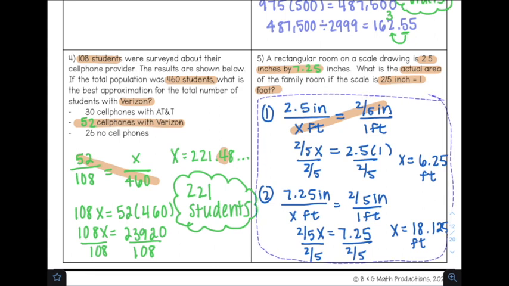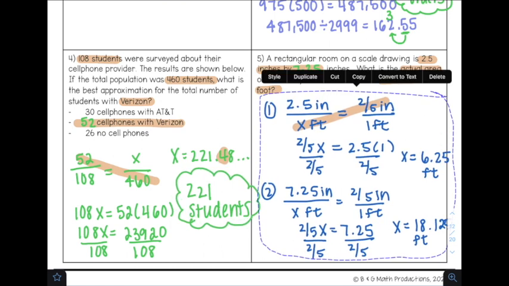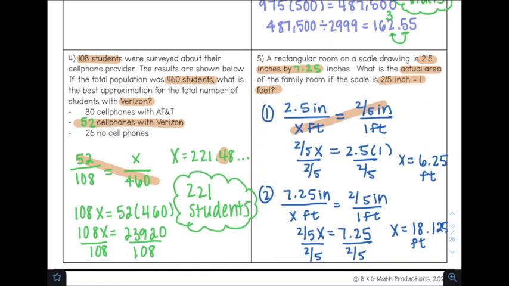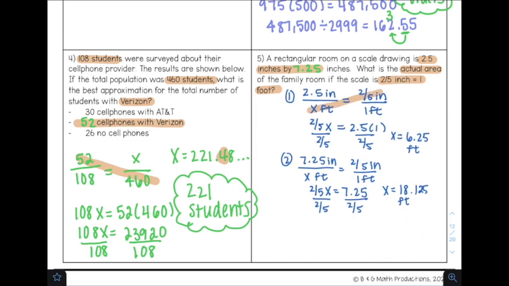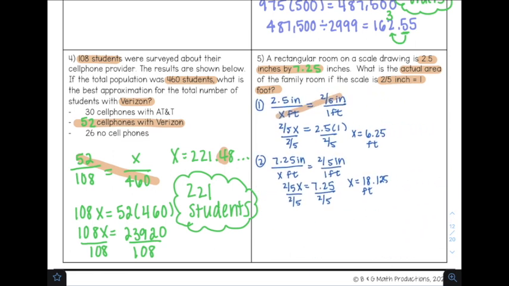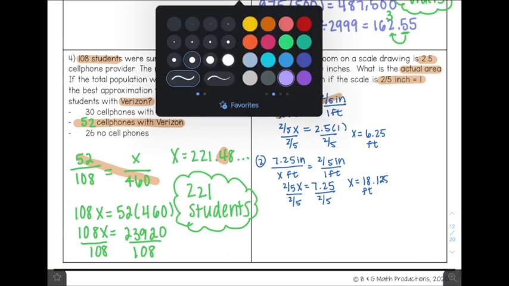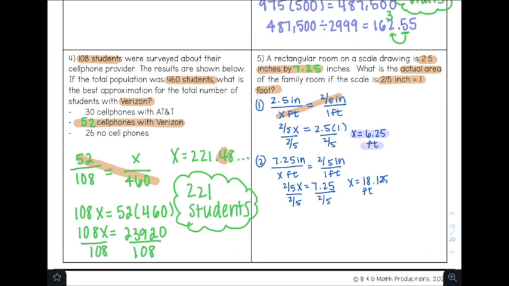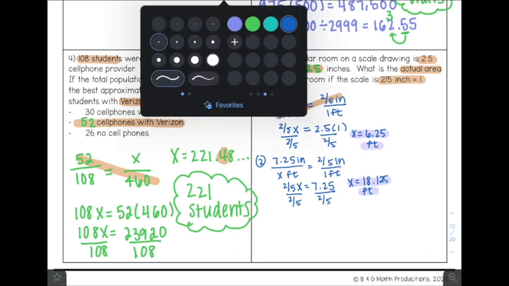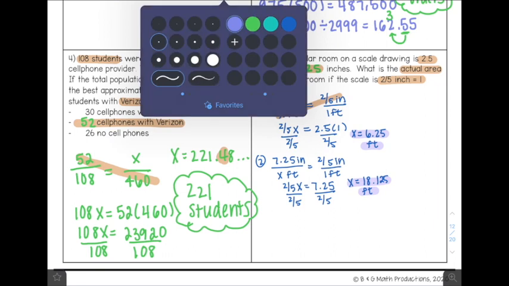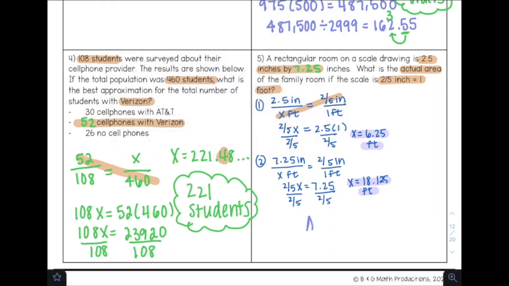Now this is just finding the dimensions. Now we actually have to combine them in an area. So I'm just going to take this, I'm going to shrink this and put it right here. So I'm going to take these two dimensions and I'm going to calculate the area. So I have area equals 6.25 times 18.125.